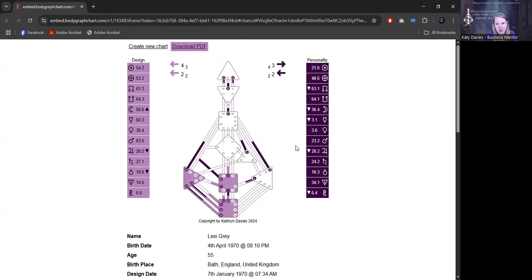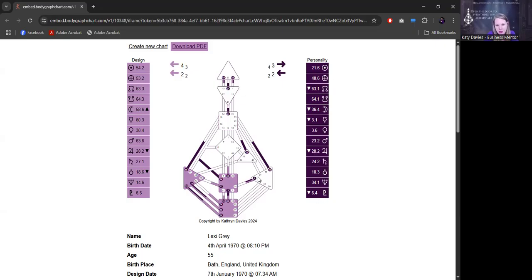Something that is not immediately obvious is that when you look at everybody's body graph chart, the 64, 61, 63, 47, 24, 4 are all in the same place in everybody's chart. Where the actual numbers are in this centerpiece, they're all in the same place. But what's different is whether or not the planets activated it.